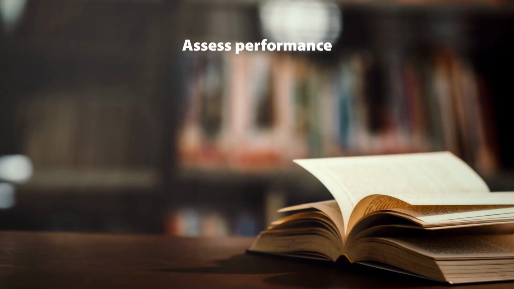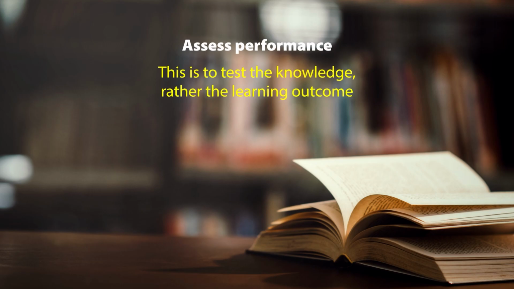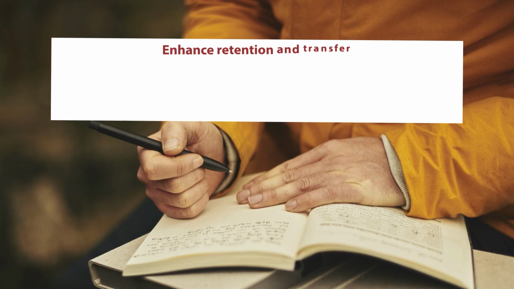Next is assess performance. Assess performance is testing of the knowledge, rather not only the knowledge, the learning outcomes. And learning outcomes, all of you know, are written, placed at various levels. The ninth step, the last step in Gagne's model, is enhance retention and transfer.